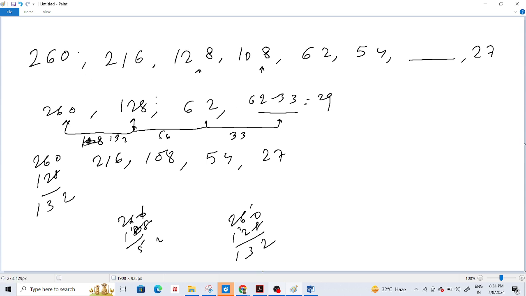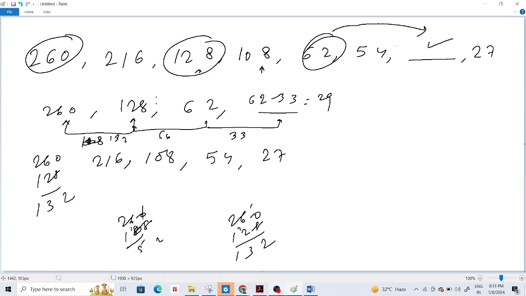So I picked up this one, and this one. Why? Because this one comes after this one only, I mean alternative to this one. So I find that the difference between these two is 132, and the difference between these two is 66.